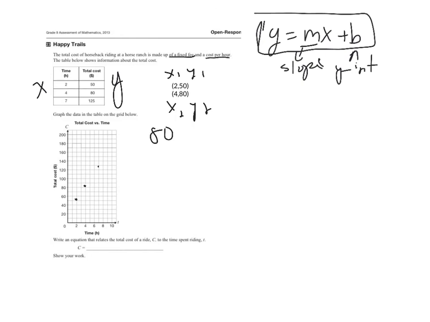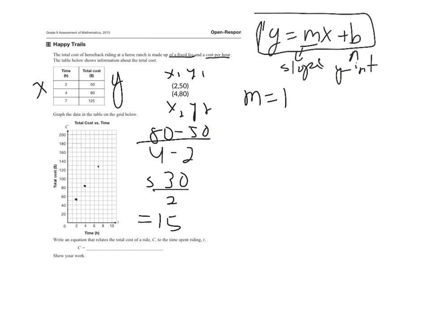So 80 take away 50 over 4 take away 2 will give me 30 over 2, which gives me 15. So my m is 15. That's my slope. I know it costs $15 an hour to ride a horse. I just need to find out what that base fee is.